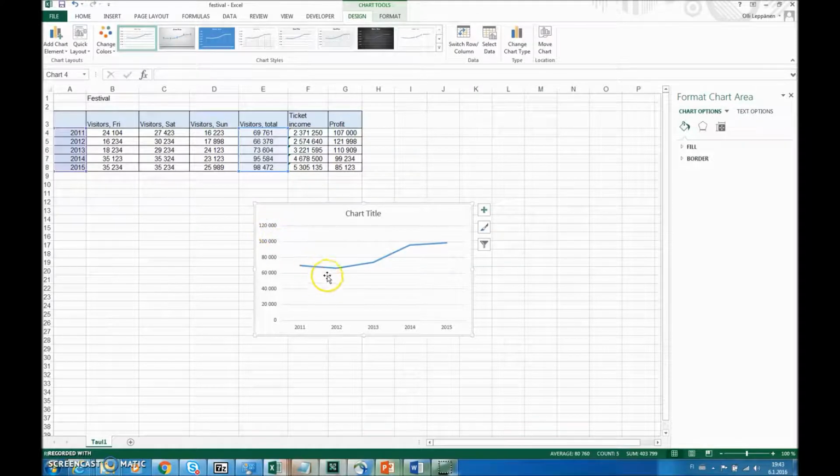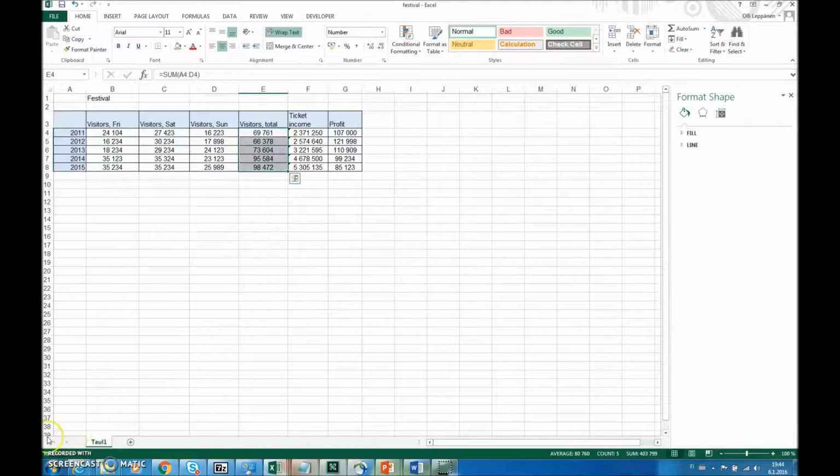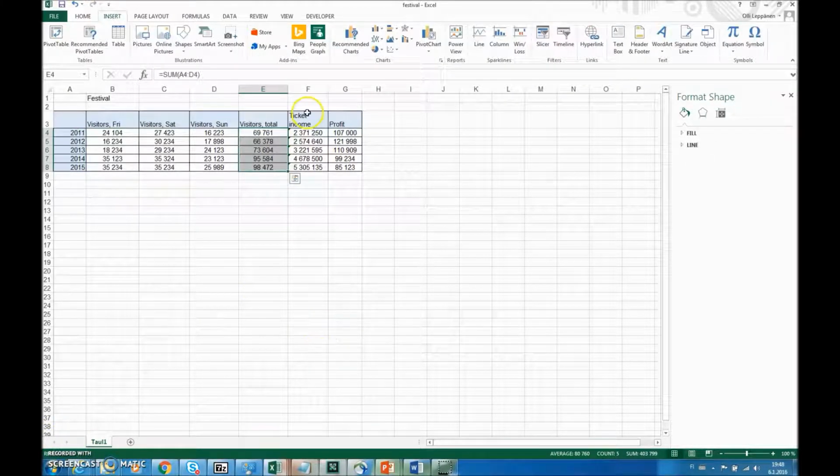And now we can see that the visitor number has increased quite much during the last 5 years. So line chart is good for representing the trend of some data. Has it increased or decreased? We can of course visualize the trend of certain different numbers in the same chart.